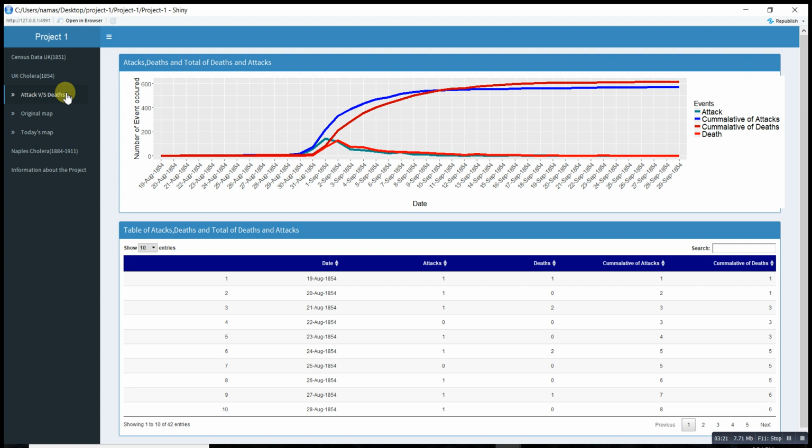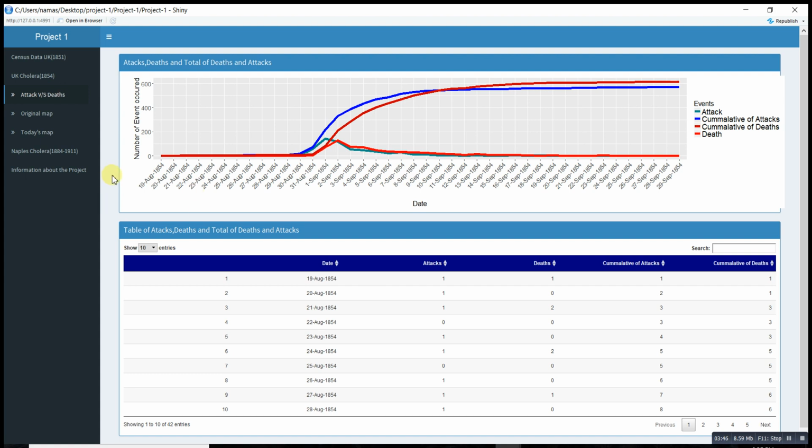One more thing I would like to show in this visualization is that deaths and cumulative deaths are given almost the same color shade, such as red, so that a user can correlate both the lines. As well, attacks and cumulative attacks have been given a little bit of blue shade, so that it shows the correlation of data.